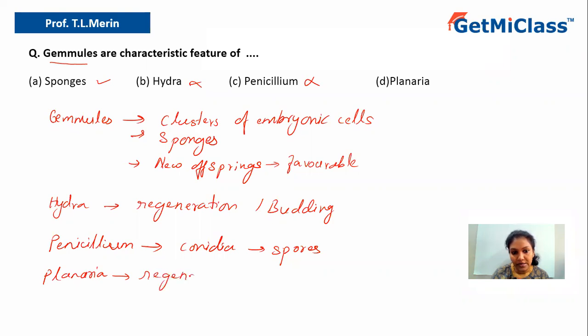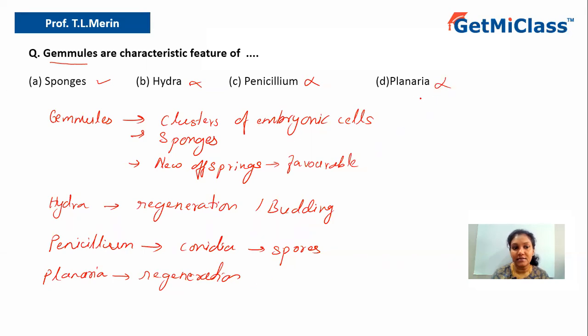Whenever this organism gets cut into pieces, each piece will give rise to a new individual. That is what we call regeneration. And again, these do not contain gemmules. So option D is also ruled out.